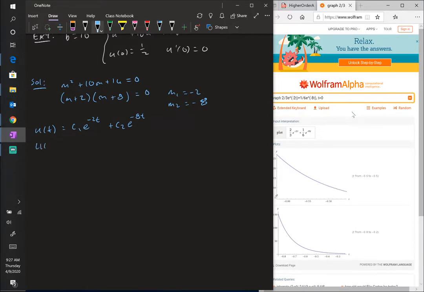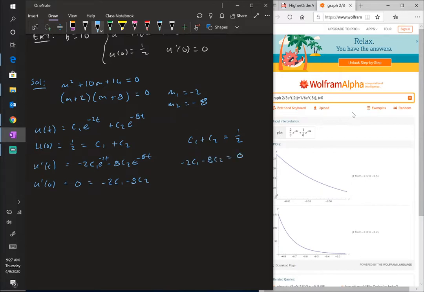So u(0) = 1/2 = C1 + C2. u'(t) is going to be -2C1 - 8C2. And u'(0) is 0, which is -2C1 - 8C2. So we got two equations: C1 + C2 = 1/2, and -2C1 - 8C2 = 0.